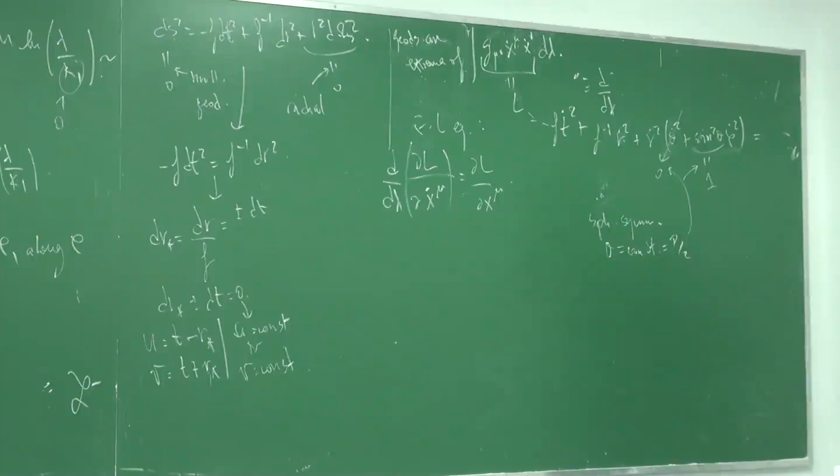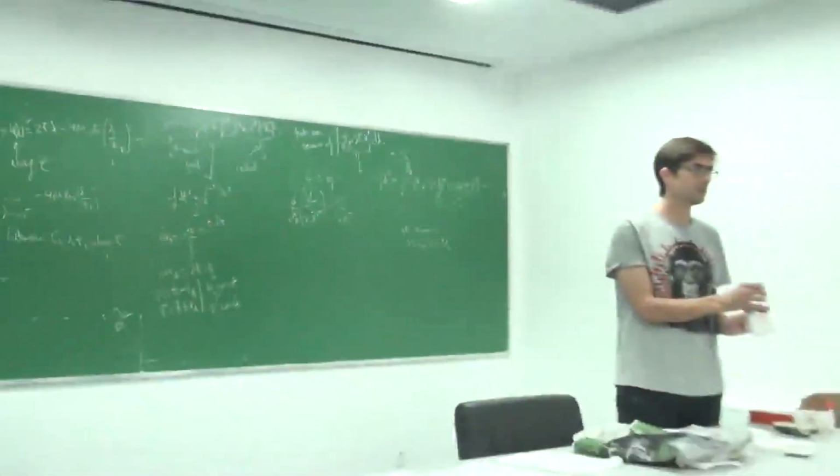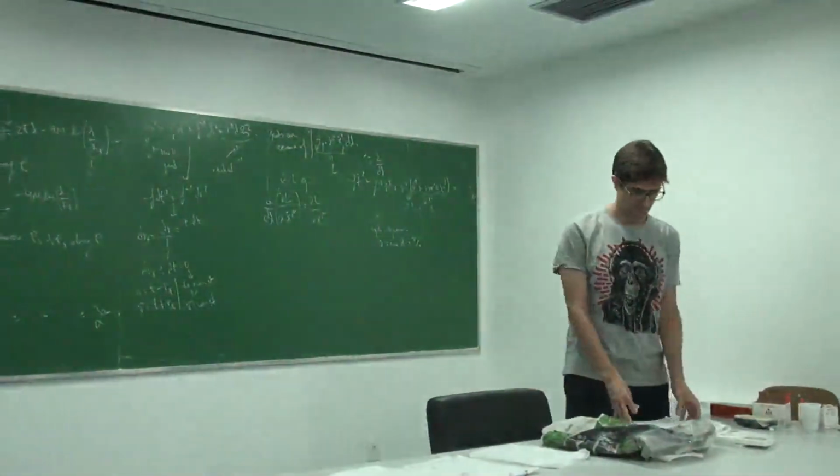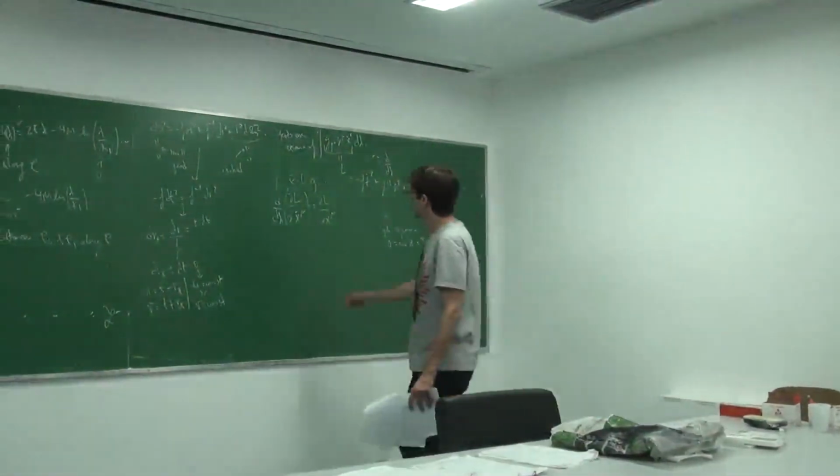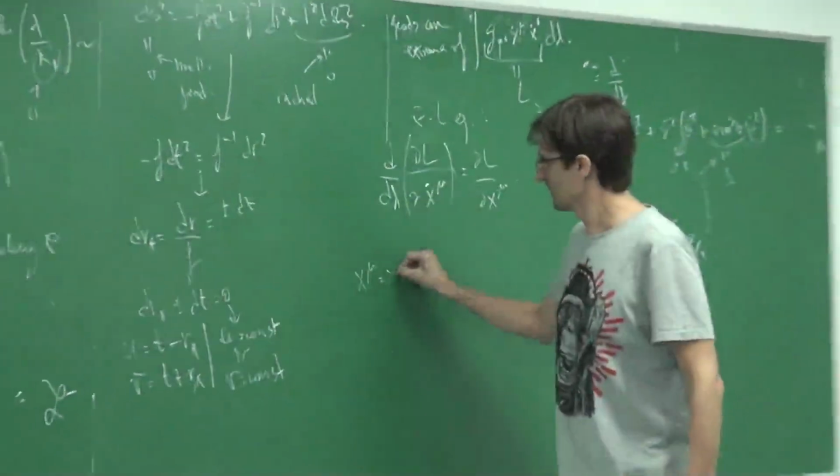And now you use more symmetries. It's Schwarzschild space-time, it's spherically symmetric. So the metric does not depend on theta, and it does not depend on phi. So you choose phi.